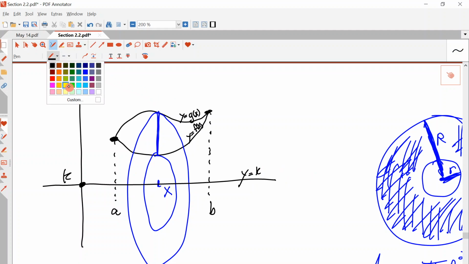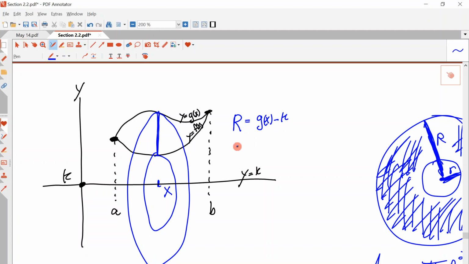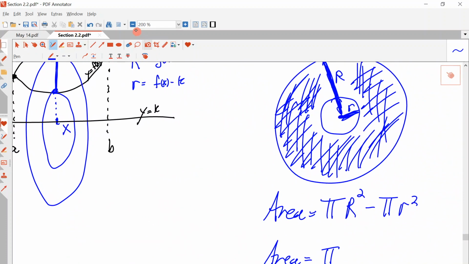So the large radius is y equal to g minus y equal to k, and the little radius is y equal to f minus y equal to k.